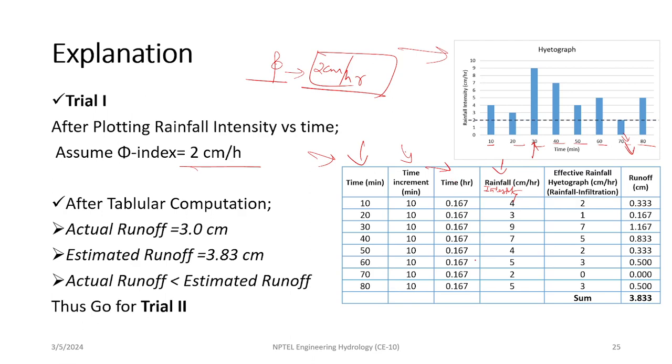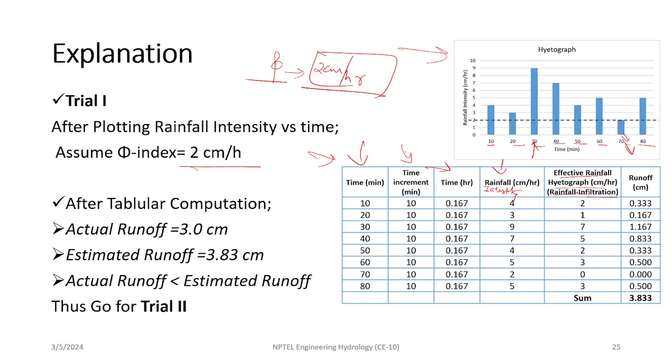Now rainfall intensity, we already have this data. Now we are computing the effective rainfall hydrograph. How will we do this? Rainfall minus infiltration. Infiltration in the sense that phi index represents the abstraction only. To use a better word, infiltration should be substituted by abstraction, or losses, because phi represents the losses, not infiltration accumulation.